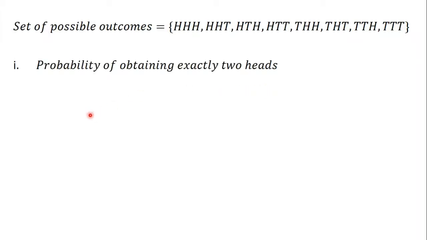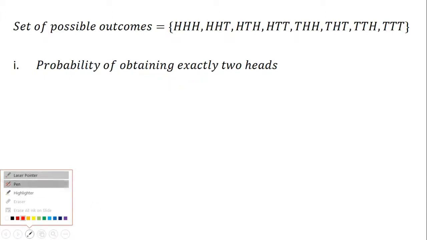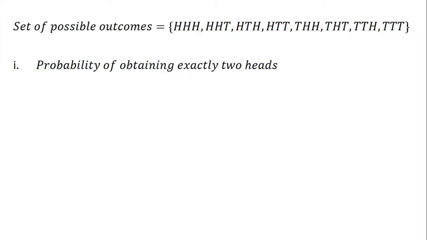The first probability we are going to find is the probability of obtaining exactly 2 heads. So here the event we are looking for is exactly 2 heads. You go to this sample space, then you look for the members with exactly 2 heads. Remember, exactly 2 heads, so we want 2 heads only. This is the first one, head, head, tail.